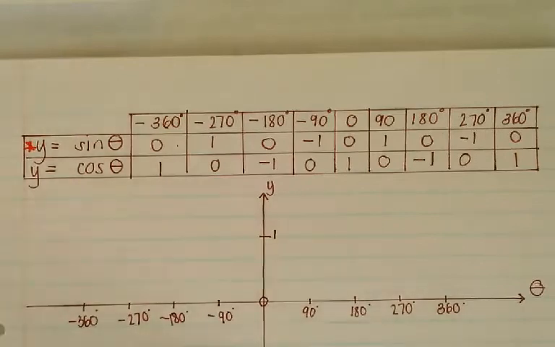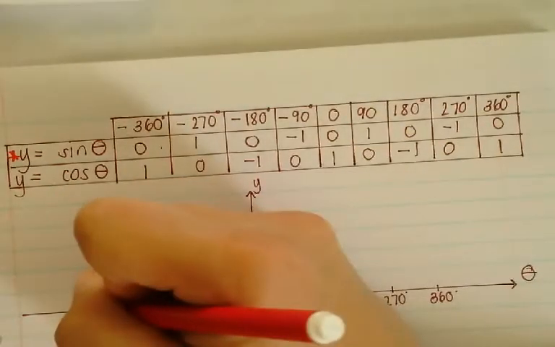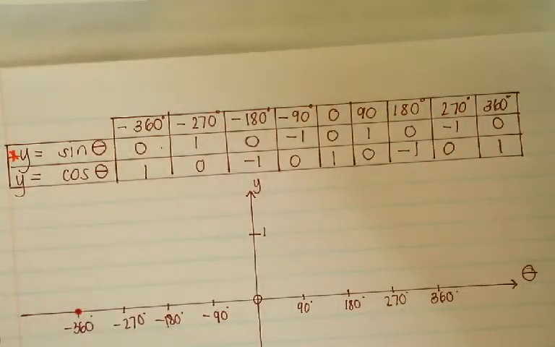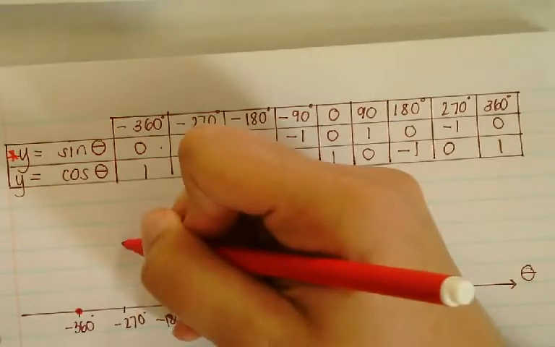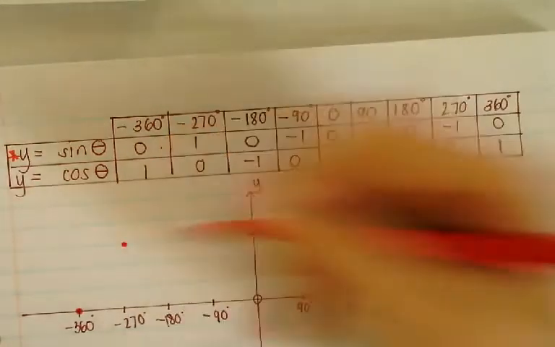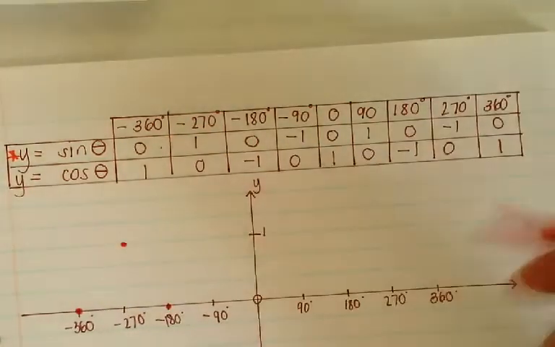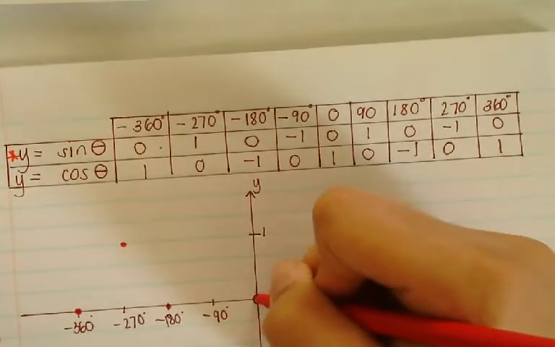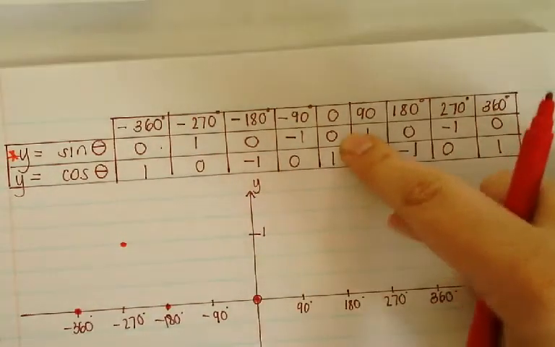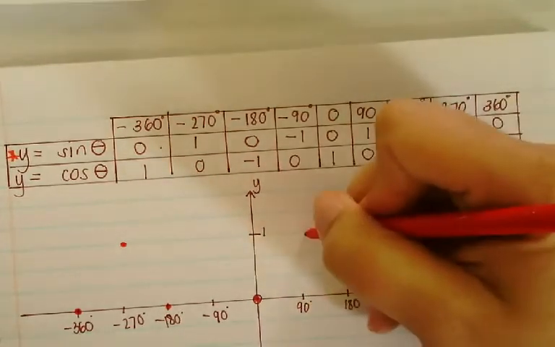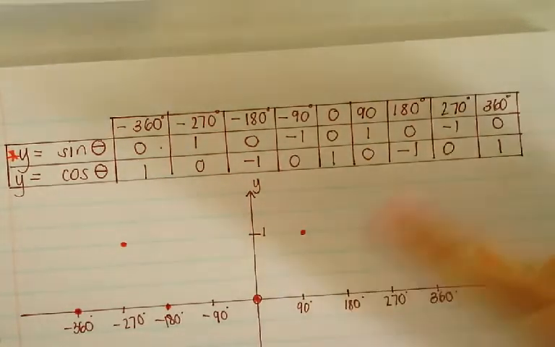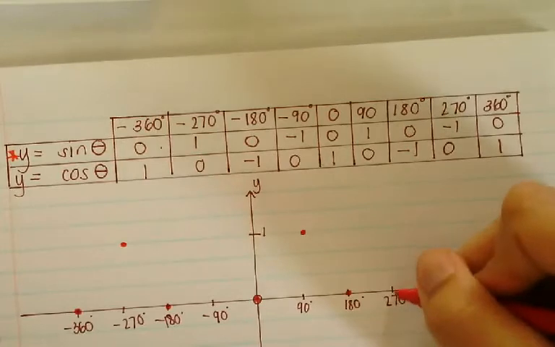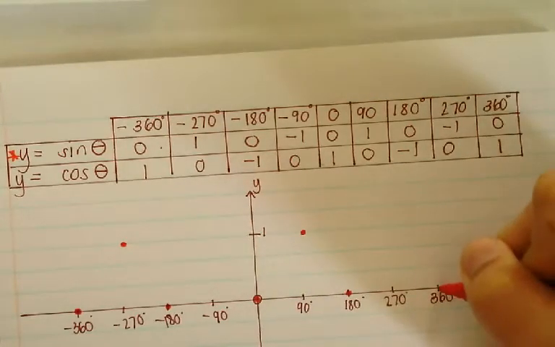So doing my sine graph first, then my cos graph second. So 0 at 360, negative 270 and 1, negative 180 and 0, negative 90 and negative 1, 0 and 0 for y, 90 and 1, 180 and 0, 270 and negative 1, and 360 and 0.